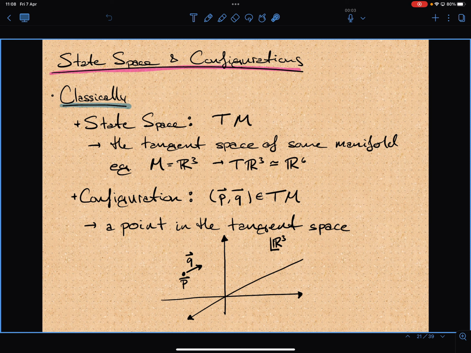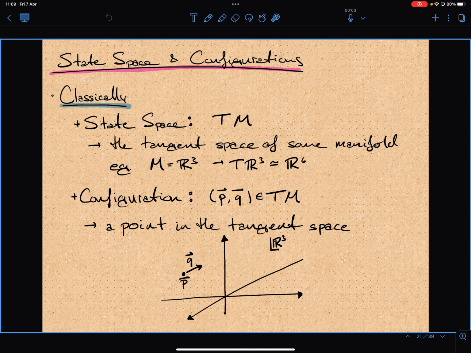In classical mechanics, this can be abstracted more, and you can talk about symplectic manifolds and symplectomorphisms for the evolution of your state space and so on. But here this is already getting too complicated.